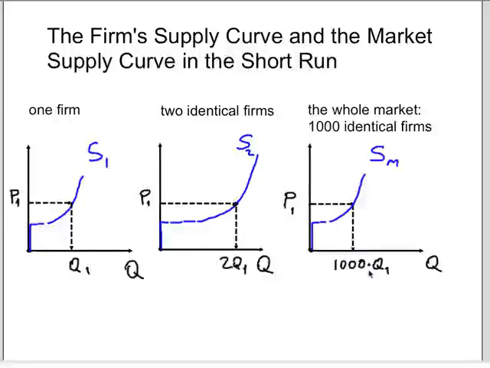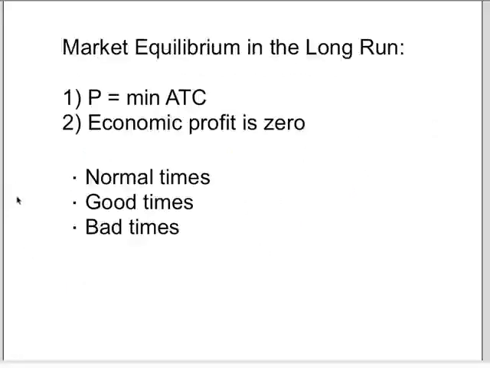And if, let's say, we have 1,000 firms in the industry, then if price is P1, the quantity supplied will be 1,000 multiplied by Q1. So you basically multiply the number of firms in the industry by the level of output produced by one firm, which is something you can call a representative company in the industry.